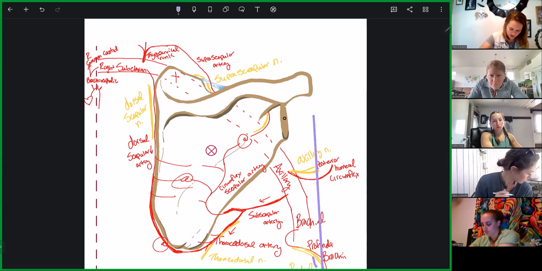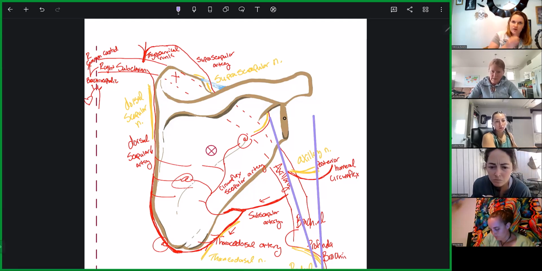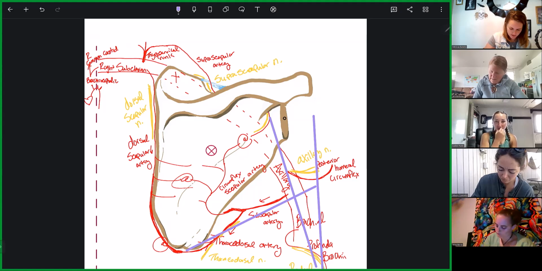So attaching onto that humerus and making more of an angle attaching to the scapula that way, we have our long head of triceps. And then I have teres major, as well as this edge, as well as maybe just teres minor.